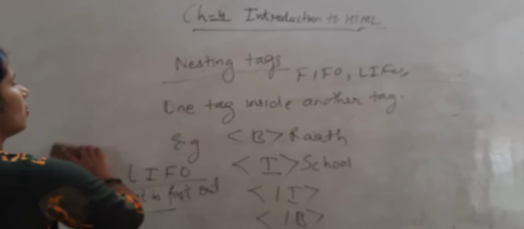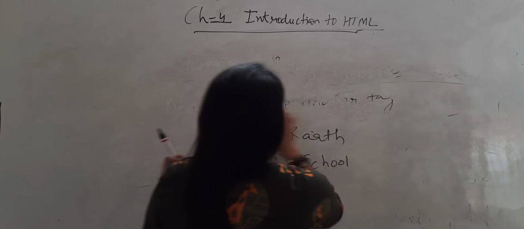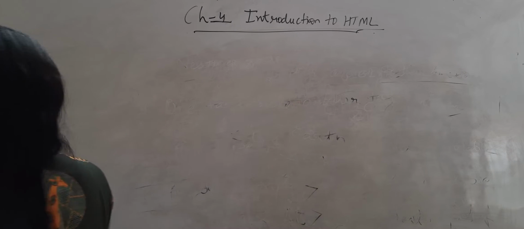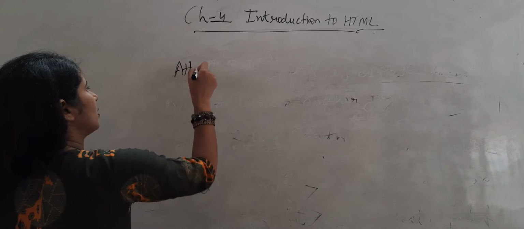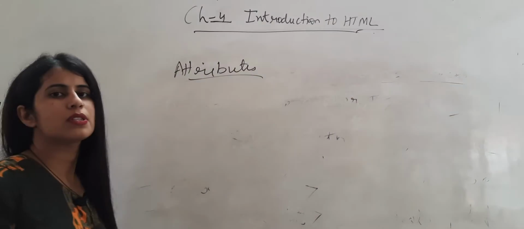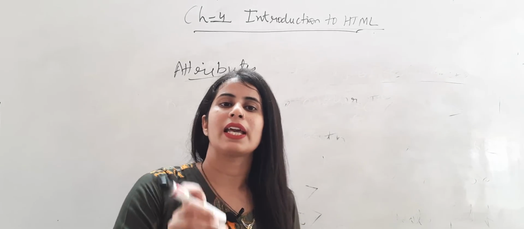So this was about nesting of tags. Here we are using one tag inside another. The next is attributes. What are attributes? Attributes are additional information about any text.